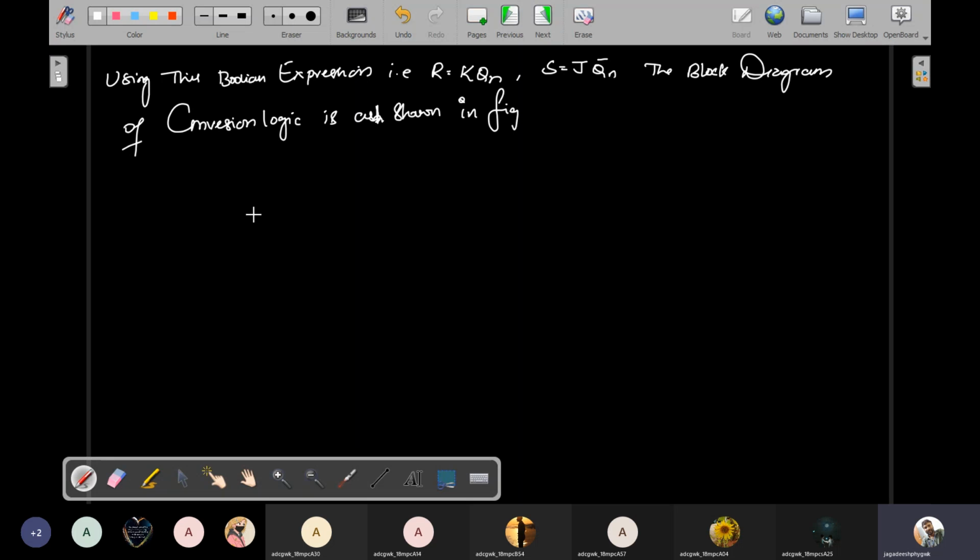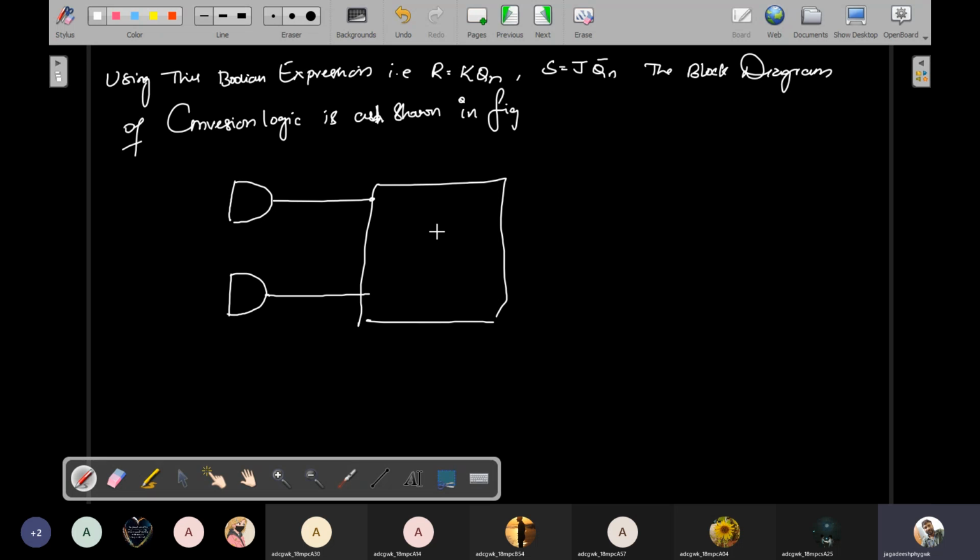So first of all, I write the conversion logic using gates only. So this is an AND gate. Okay, and you will take another AND gate. Simply these AND gate inputs are connected with the given flip-flop. So this is a flip-flop. This flip-flop is given as an SR, see, RS flip-flop. Okay.